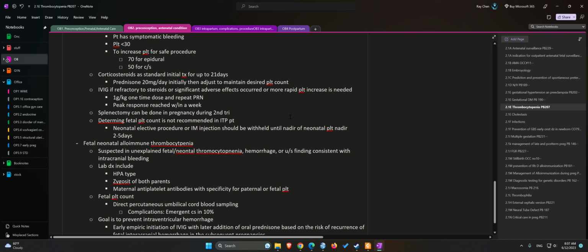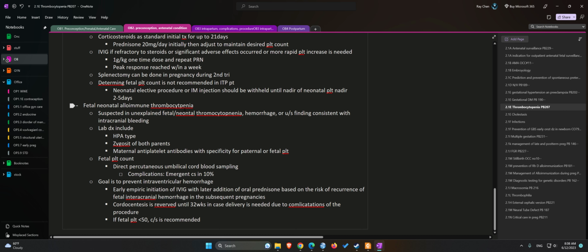Going back to fetal neonatal alloimmune thrombocytopenia, this should be suspected in unexplained fetal or neonatal thrombocytopenia, hemorrhage, or if there's an ultrasound finding consistent with intracranial bleeding. Lab diagnosis includes HPA type, zygosity of both parents.